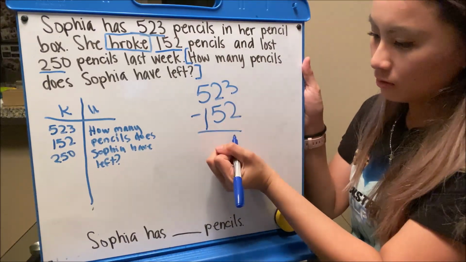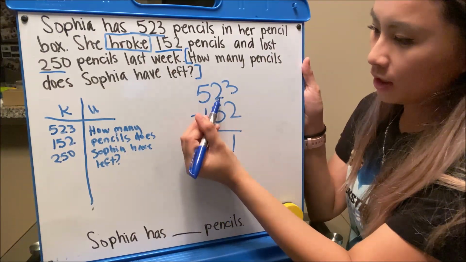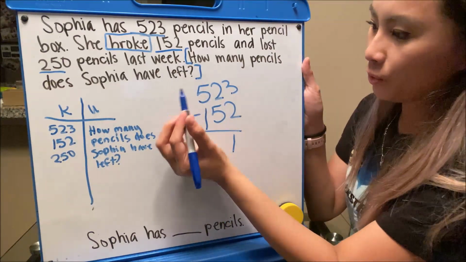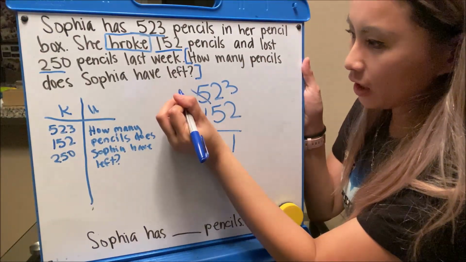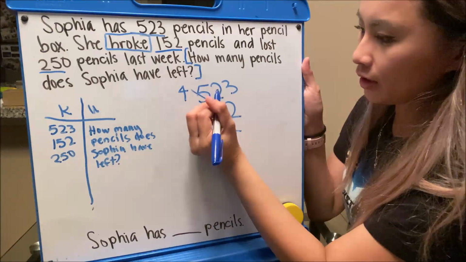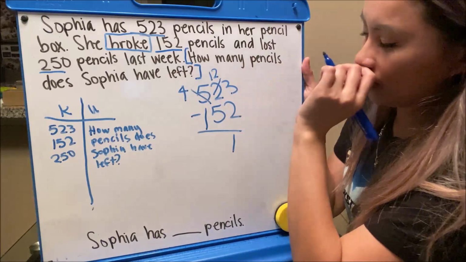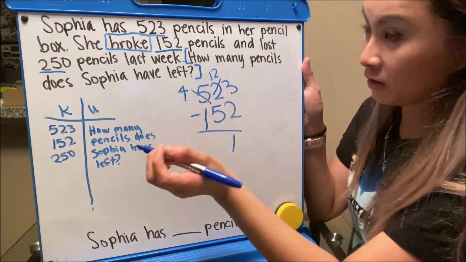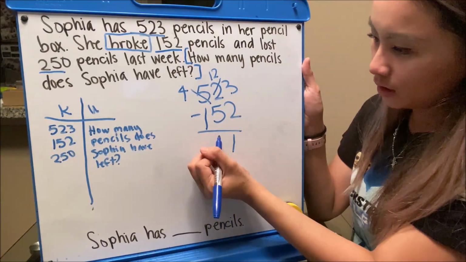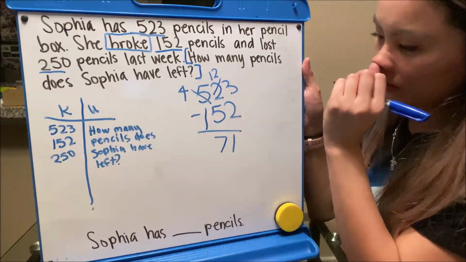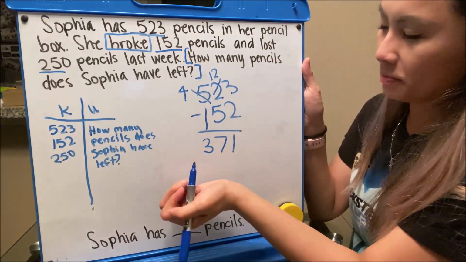Three minus 2 is 1. Let's look right here. Since there's more on the floor, we're gonna go next door. This 5 is gonna turn into a 4, and this 2 is gonna turn into a 12. Now, 12 minus 5 is 7, and 4 minus 1 is 3.